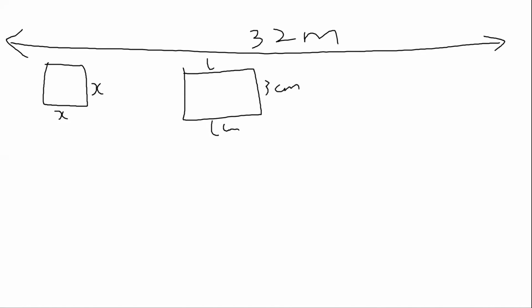So basically, we need to find the perimeter of the square and the perimeter of the rectangle and add them together in order to get the 32.